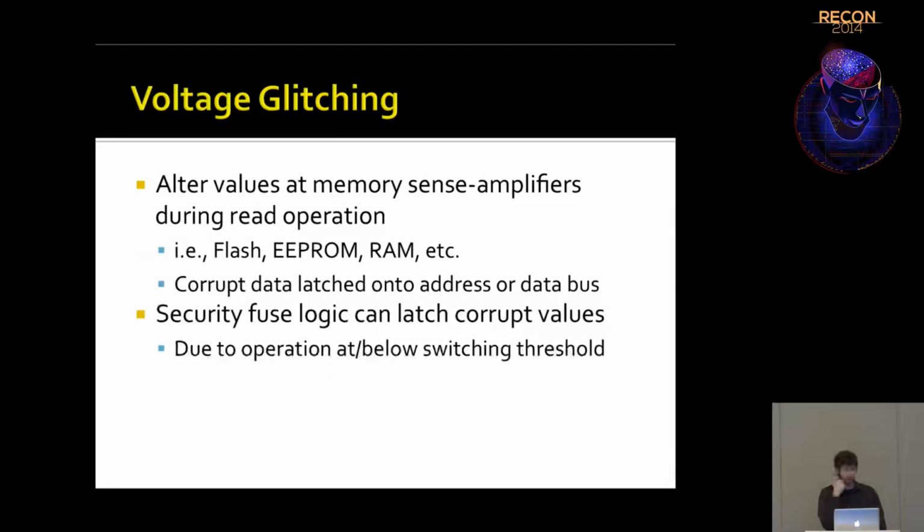So if it's flash, EEPROM, basically it allows you to latch corrupt data onto, for example, the address bus or the data bus, which could be advantageous because you would latch an invalid instruction or an advantageous instruction, turning your harmful jump into a harmless add.